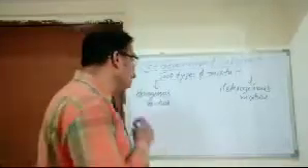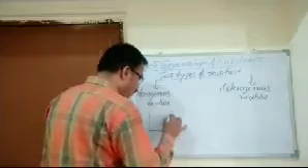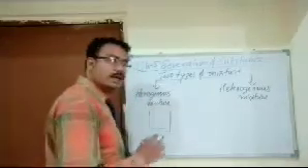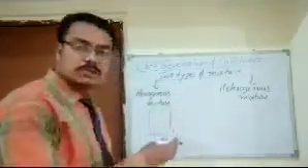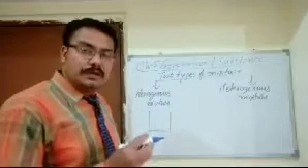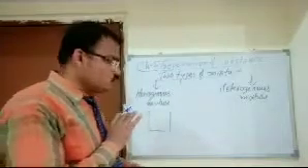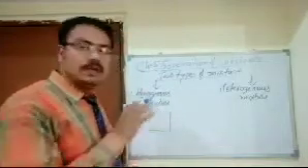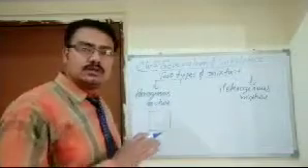So what is homogeneous? Suppose I have taken water and put 1 or 2 teaspoons of sugar in it, and the molecules of sugar get totally diffused in the water, between the water molecules.